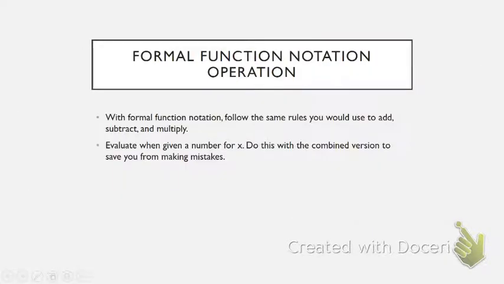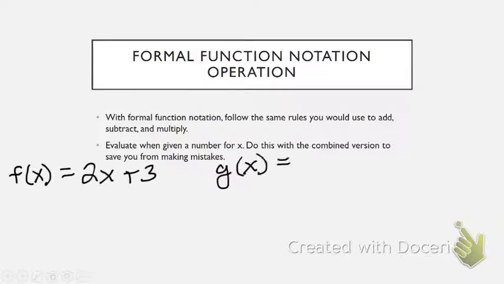What happens if they give you formal function notation? What I mean is this. You follow the same rules you'd use to add, subtract, okay? And sometimes what will happen is they'll give you a number. So let's go ahead and just get started with an example. If I give you f of x is equal to 2x plus 3, and then g of x is equal to 3x squared minus 6x plus 3.